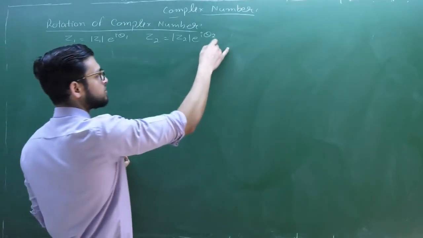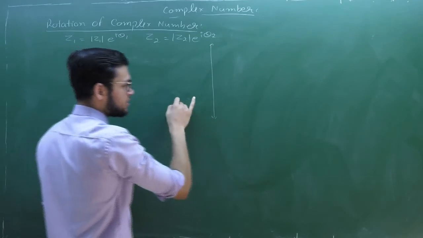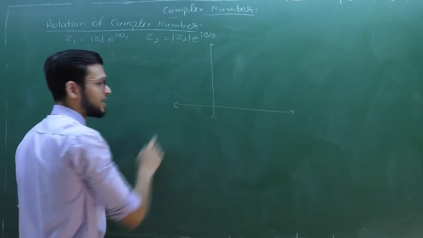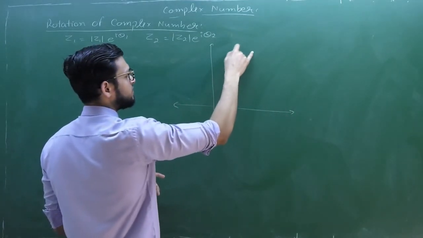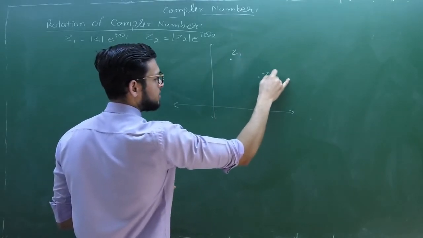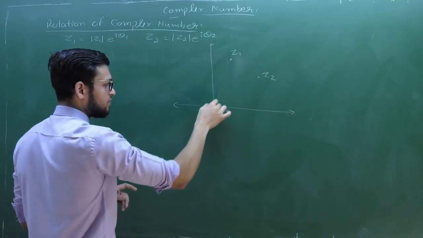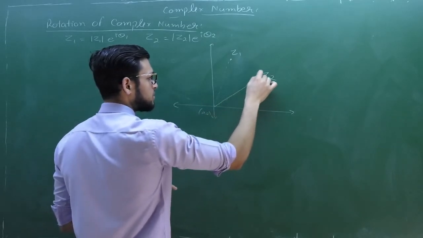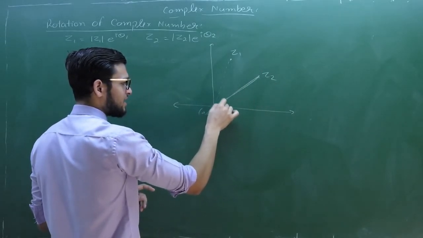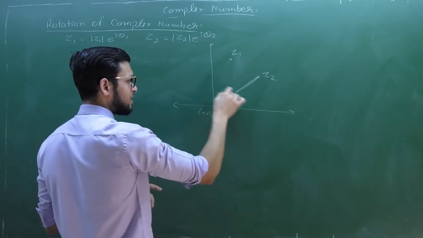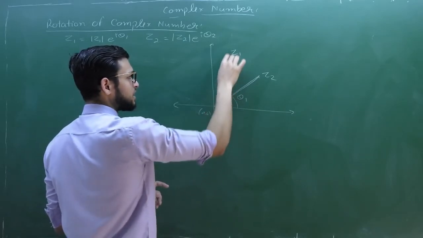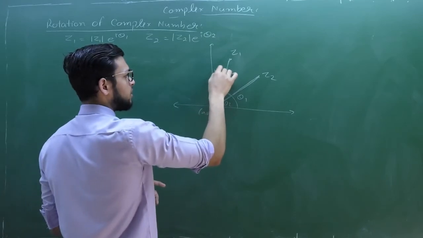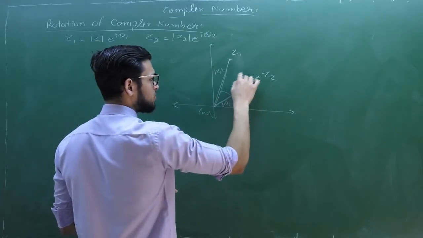Now if we draw these two complex numbers on the Argand plane, suppose we have Z1 here and Z2 here. If we join these two with the origin, then we have this angle as theta 2 and this angle as theta 1. This distance will be equal to mod of Z1 and this distance will be equal to mod of Z2.